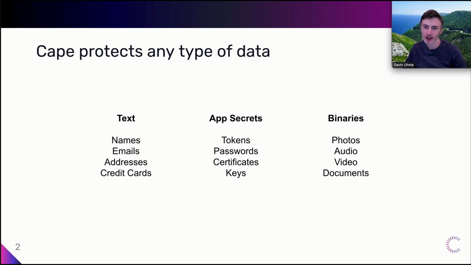So like faces or sensitive information in the backgrounds of photos, or sensitive information that's buried within pages of documents. And then, of course, as developers, we have a lot of sensitive data that we deal with as well in the form of secrets. So things like tokens for connecting to an API, or passwords for connecting to a database, or encryption keys themselves.